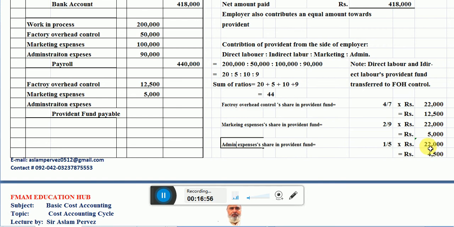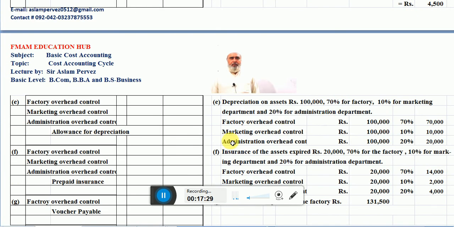When we multiply by this fraction, 4,500 rupees is the share of admin expenses against the provident fund here. We have to write here 4,500 rupees as administrative expenses. Now the total sum is 22,000 rupees here. This is the contribution of employers against the provident fund for his employees. Now students, move below. The next entry will be passed here.